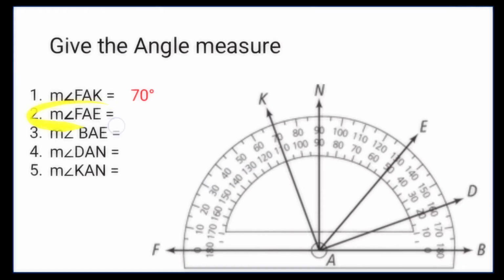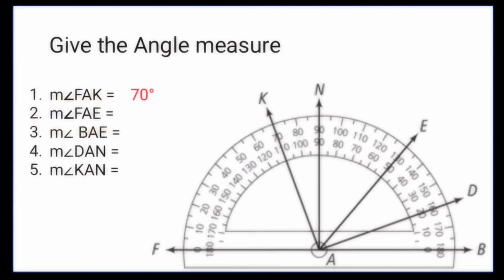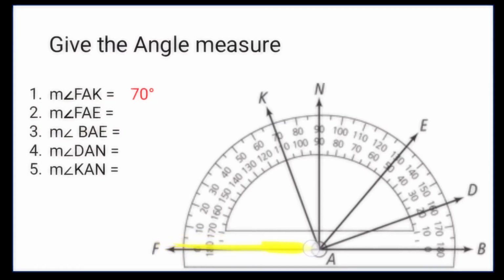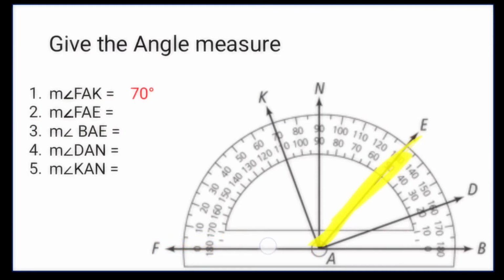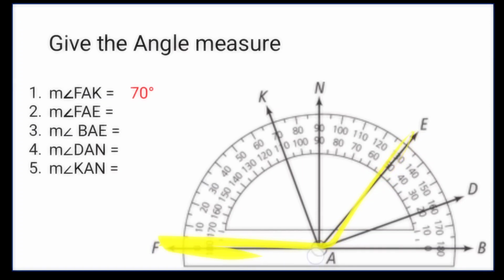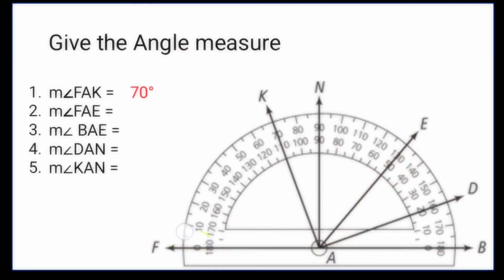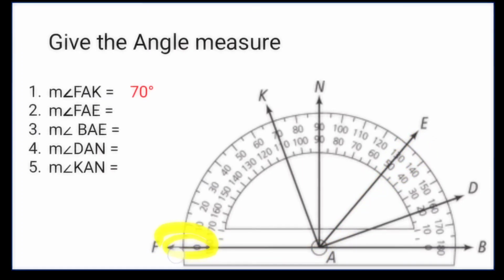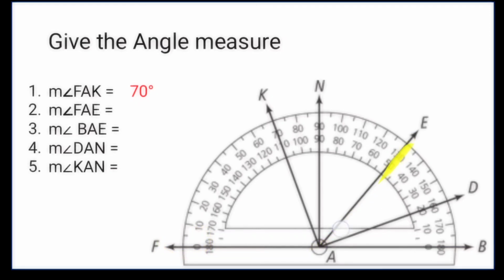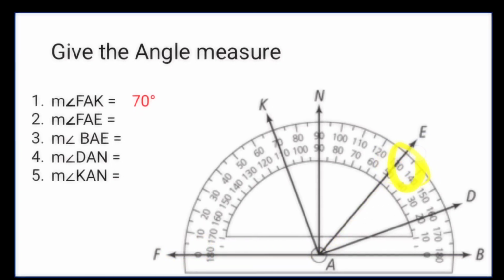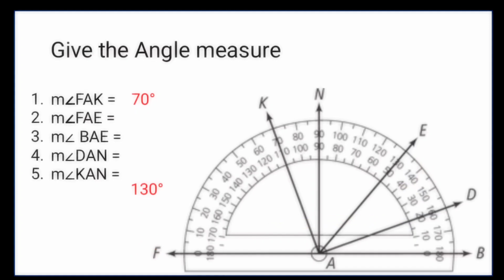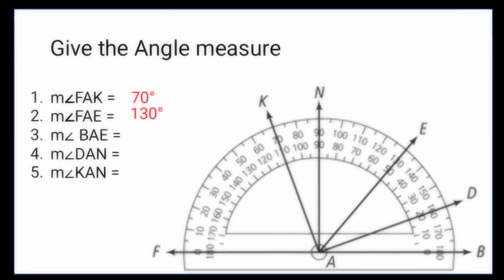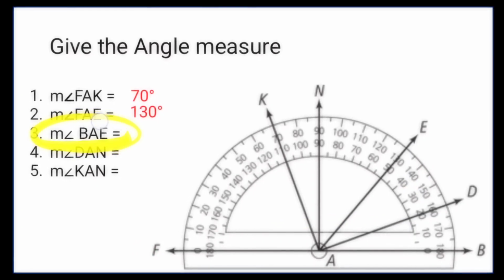Next, measure of angle FAE. So measure of angle FAE, the 0 marking is at the outer scale. We will look at the outer scale, which is 130 degrees. Number 3, measure of angle BAE.